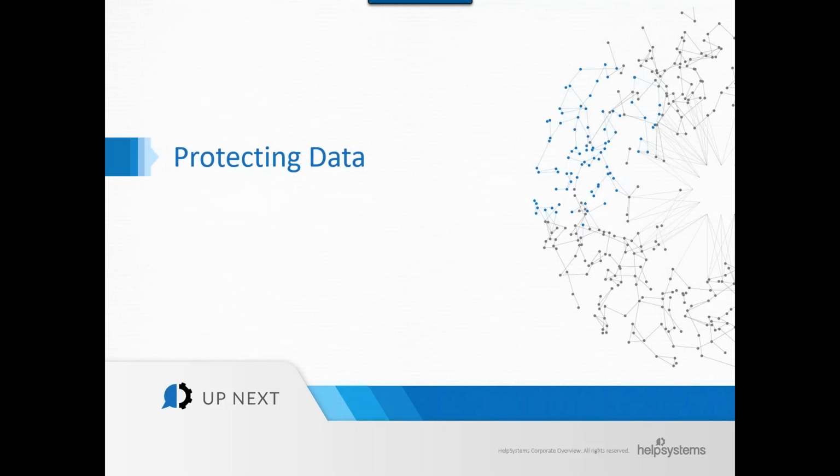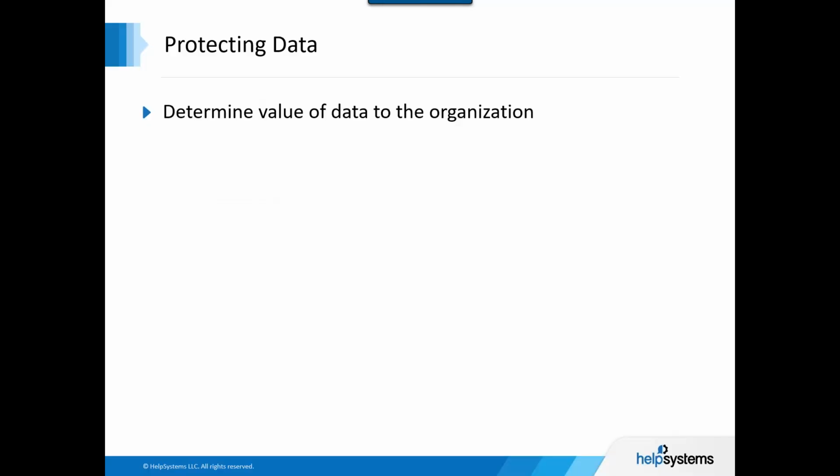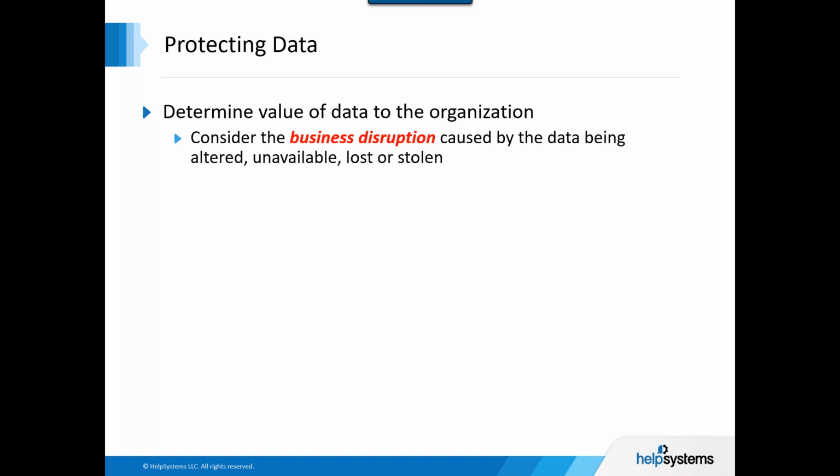All right, on to data. One of the things as an administrator is that you probably are in the unique position of understanding the value of the data to your organization. And you understand what can happen when that data isn't available or somebody accidentally updates it.